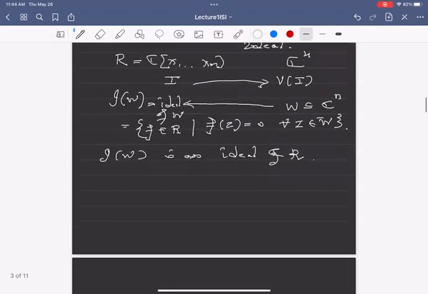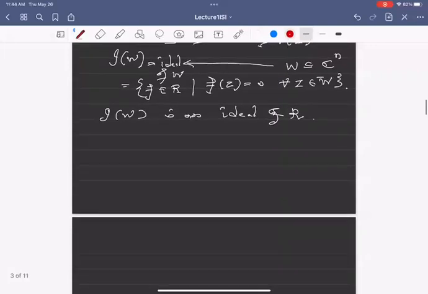For that, I define what is called a radical ideal. Radical of an ideal.